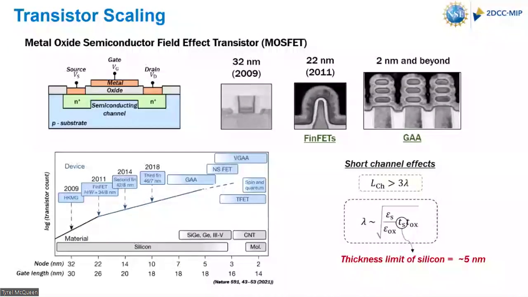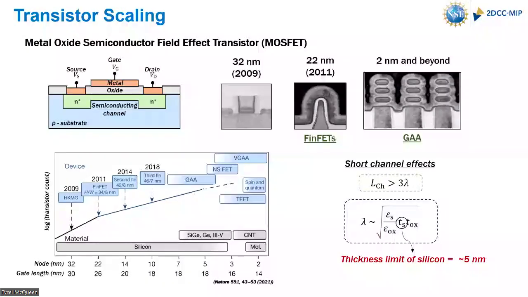You continue your scaling. But now we've reached this point where we can no longer continue to scale the dimensions based on this FinFET geometry. And so this is the point that the semiconductor industry is at right now. Like, what do we do beyond these physical scaling limits?